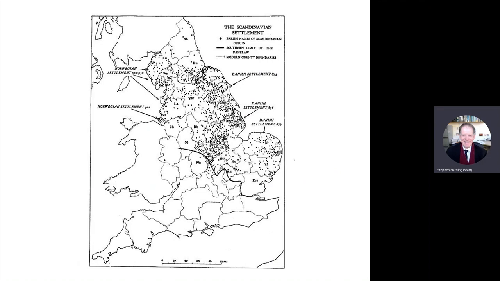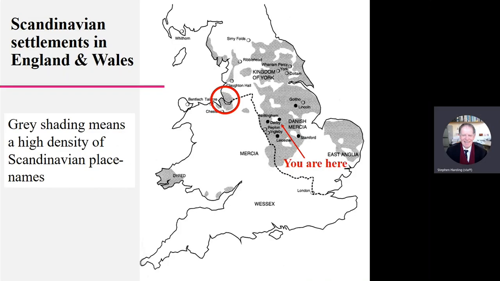This is Danish in the east here, but in the west, you've got the Norwegian settlement. That's not 902, I think, is accepted in the Wirral. So these are parish names of Scandinavian origin, and then in West Lancashire, and also further up in the Lake District. The Lake District is also full of Scandinavian names. So that's why we said let's focus on here.